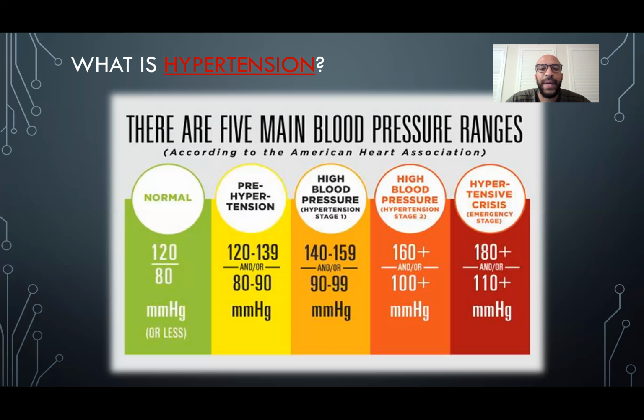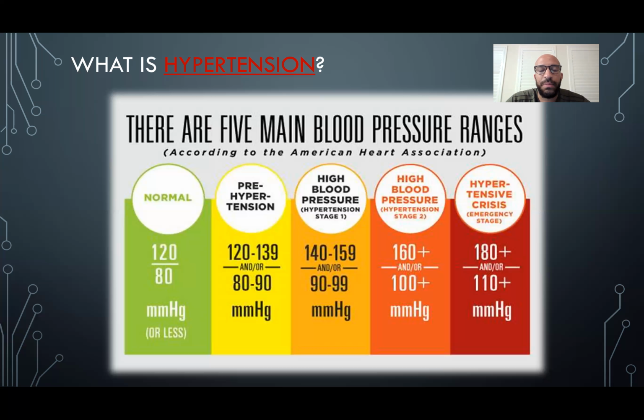With medications, your patient should not have a blood pressure of 160 over 100. Their blood pressure should not be 140 to 159 over 90 to 99. Their blood pressure should be closer to normal. At worst, it should be pre-hypertensive.